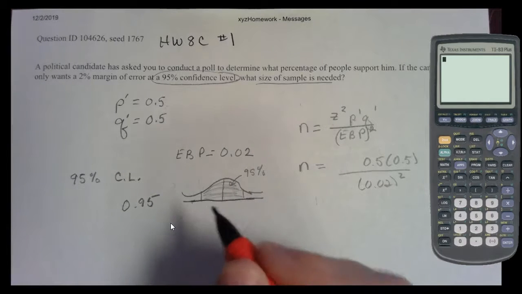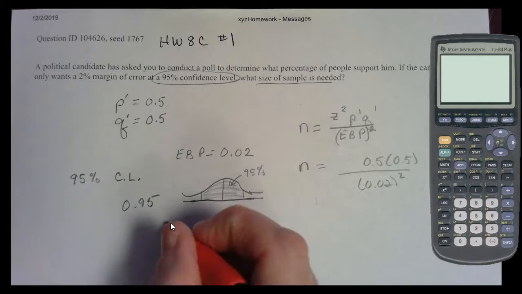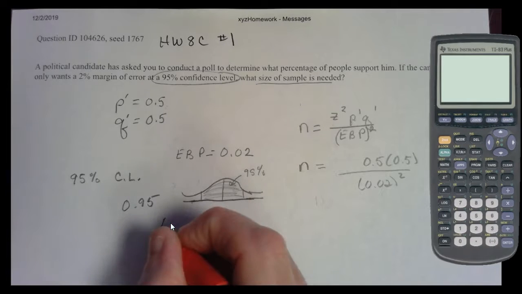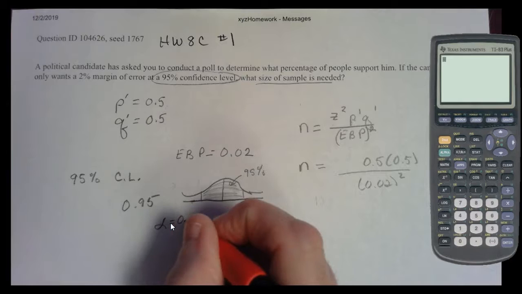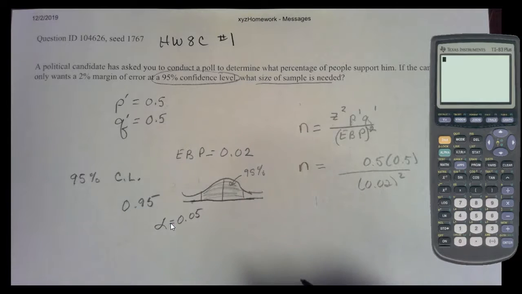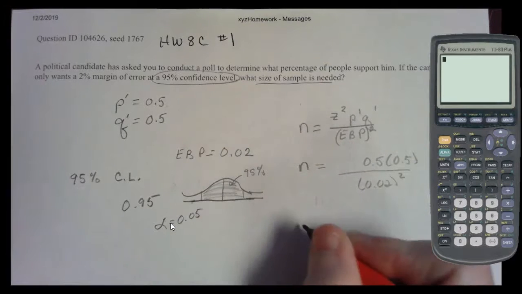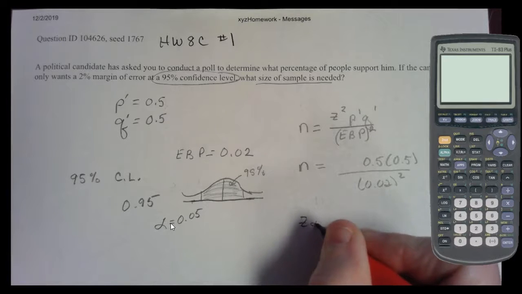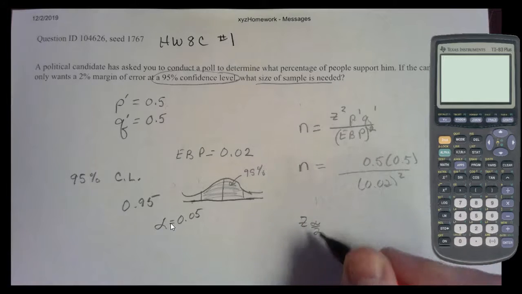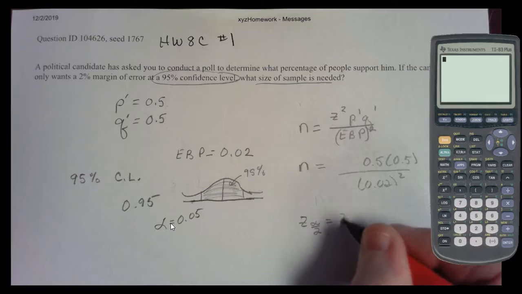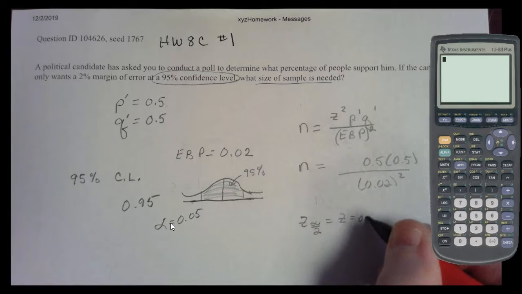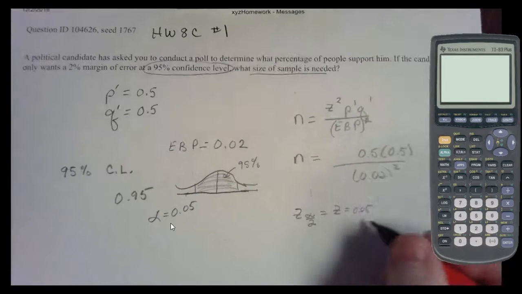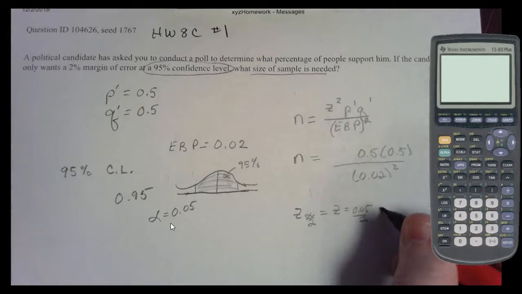So we take that 5%, or look at our alpha, that's going to be 0.05. If I'm looking for my Z-score, and this is a two-tailed test, I'm going to take alpha and divide it by 2. So that would be 0.05 divided by 2.